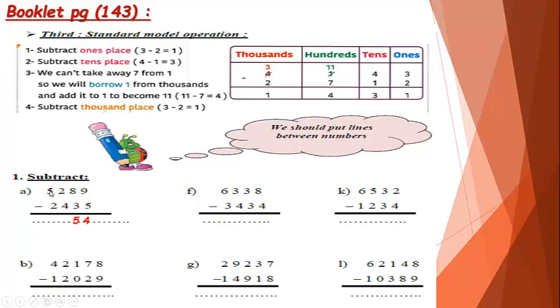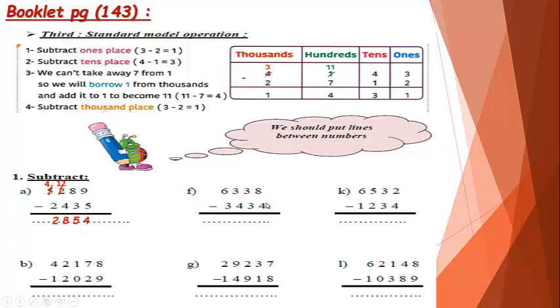So I'm going to cross the 5 and write 4. I'm taking 1 from the 5, it will be 4. And this 2 is going to be 12. Then, can I subtract now? Of course. 12 minus 4 equals 8, and 4 minus 2 equals 2. So the final answer is 2,854.